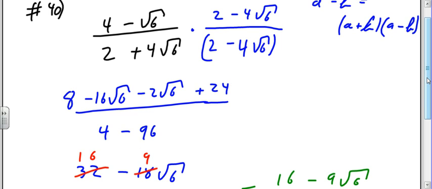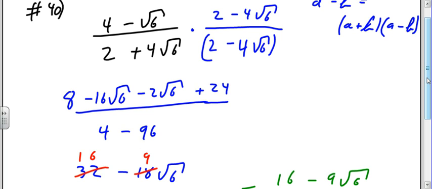Let's see, I need a parentheses, 4 minus the square root of 6, divided by, parentheses, 2 plus 4 times the square root of 6.